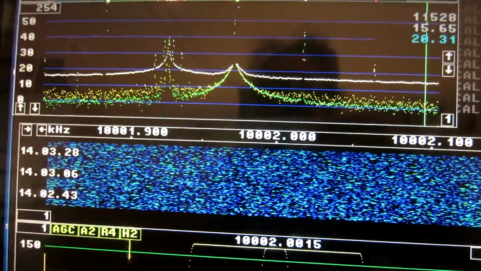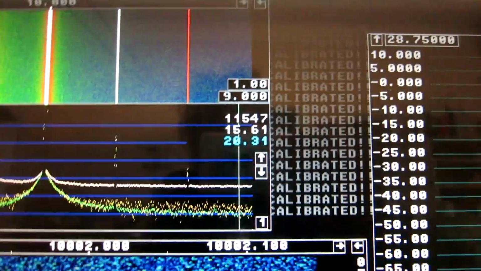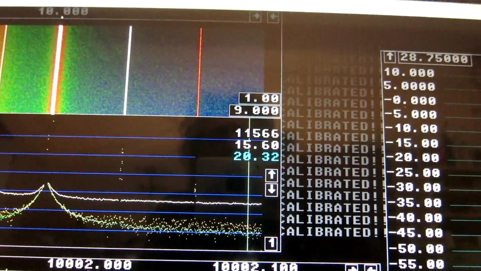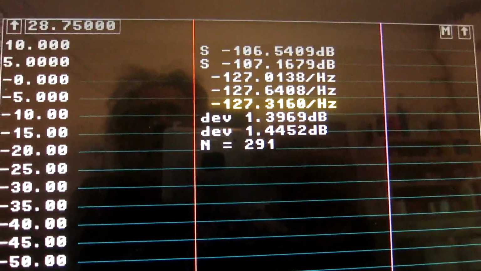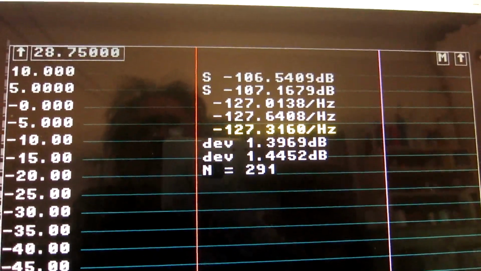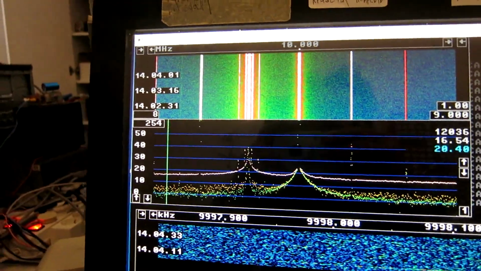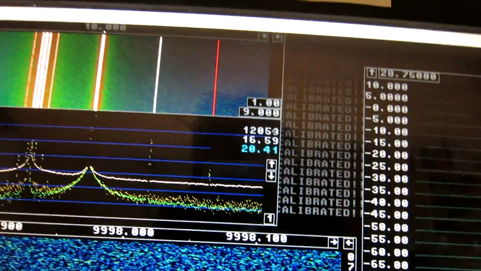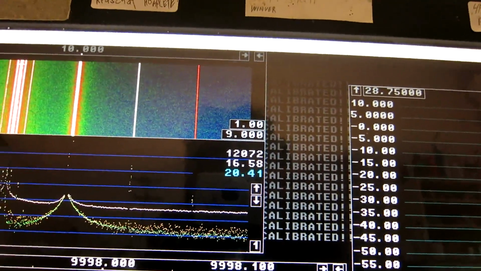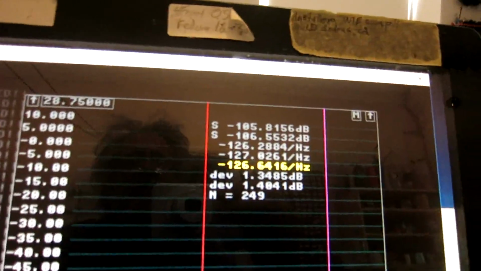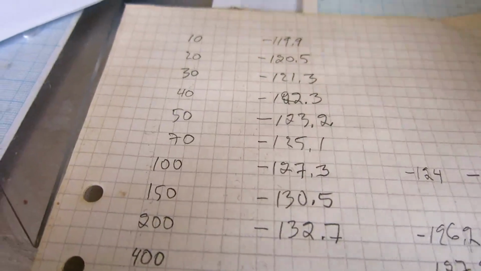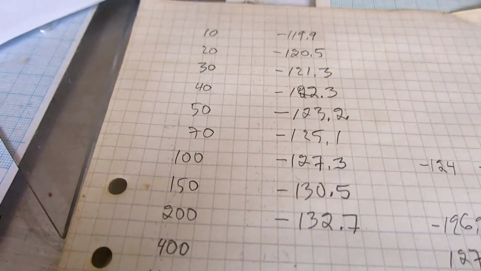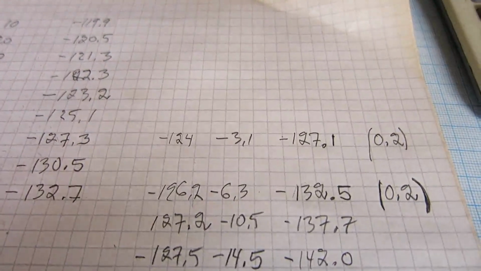And at 2 kHz offset, the correlation advantage is 15.6, and the noise floor minus 127.3. At 2 kHz on the low frequency side, the correlation advantage is 16.6, and the level minus 126.6.